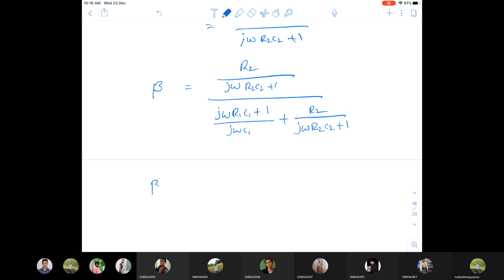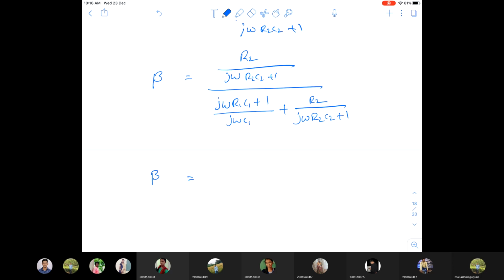So now beta is equal to R2 divided by j omega R2 C2 plus 1. Okay, so take the LCM of it.